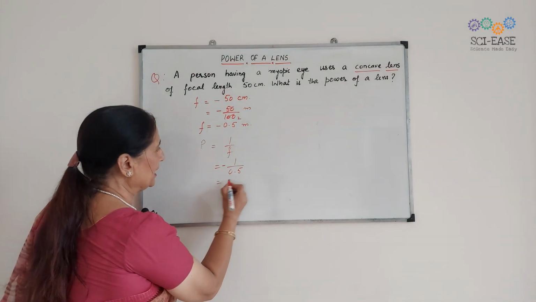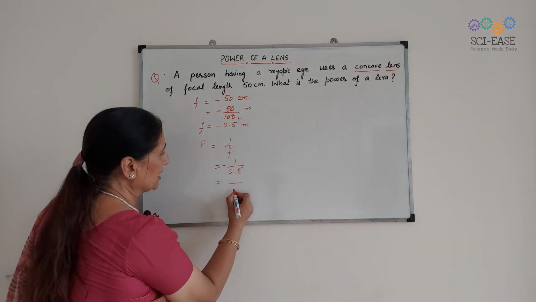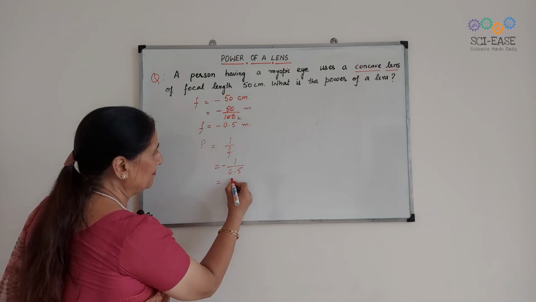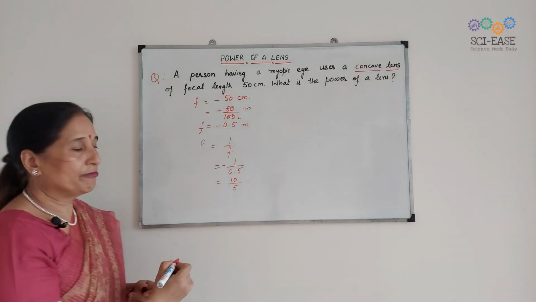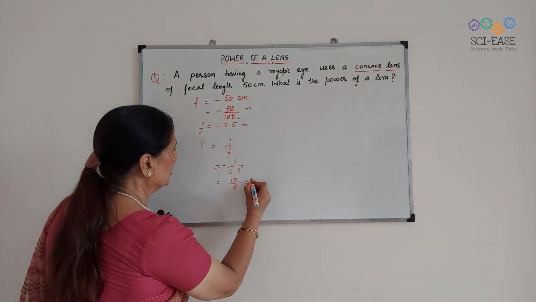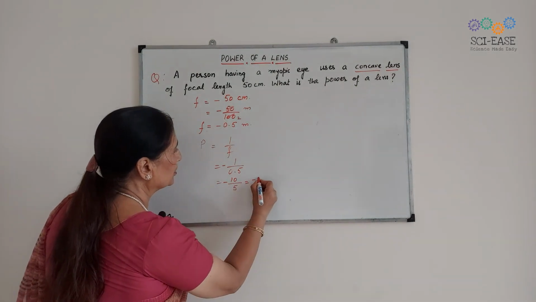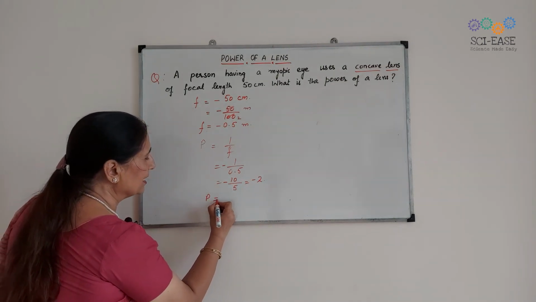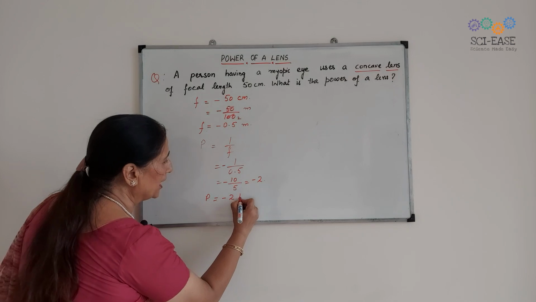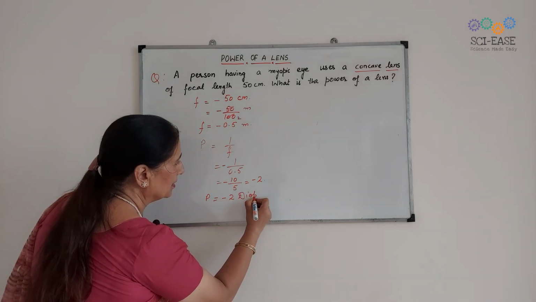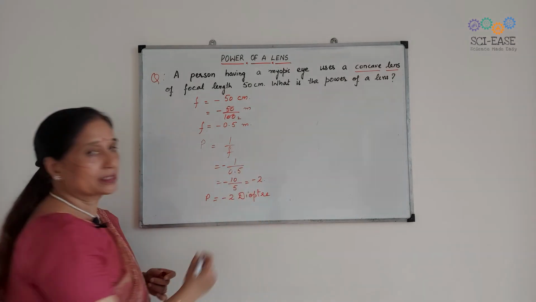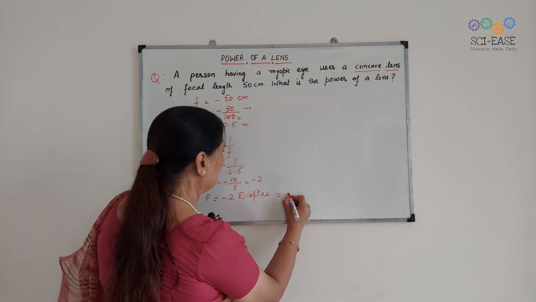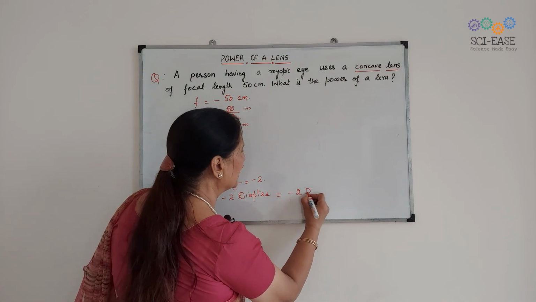So removing the decimal, it will come out to be minus 10 by 5, or it is equal to minus 2. Okay, so power is equal to minus 2 diopter. Must write the units, okay, or you can write it like this, minus 2D.